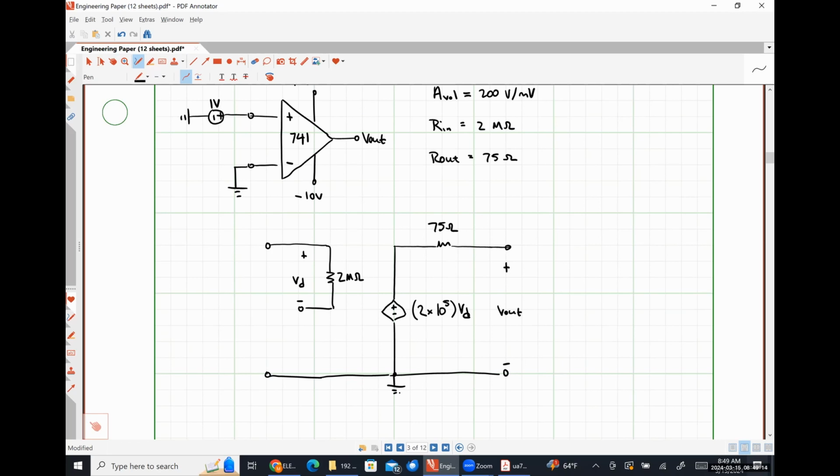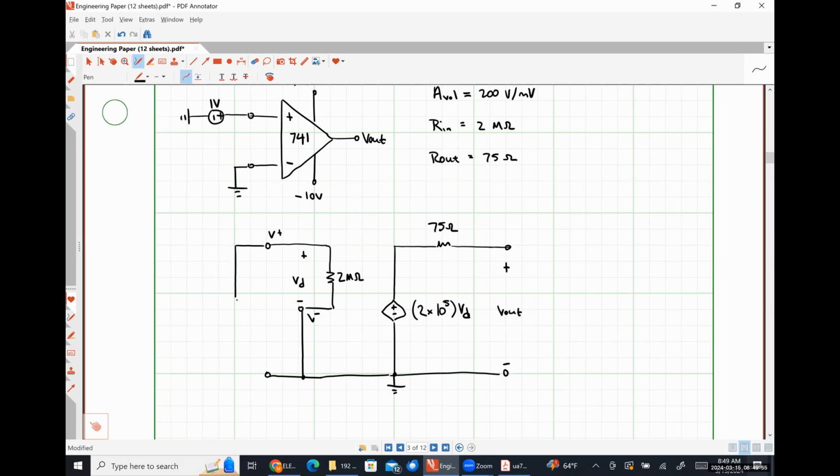Now I'm just going to make any external connections that I can, okay? So for instance, I can see that my inverting input terminal, which is always associated with the negative polarity terminal of VD, is tied to ground. So I can simply connect this node to ground like so. On the non-inverting input terminal side of things, I can see that I have a 1 volt source between the non-inverting input terminal and ground.